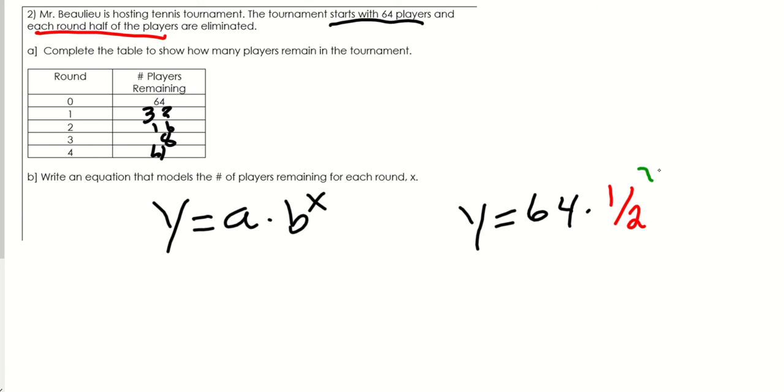And then I'm raising that to an exponent of x. Some of you put a number. In fact, the question specifically says for each round x. So it should have had no number in that exponent.